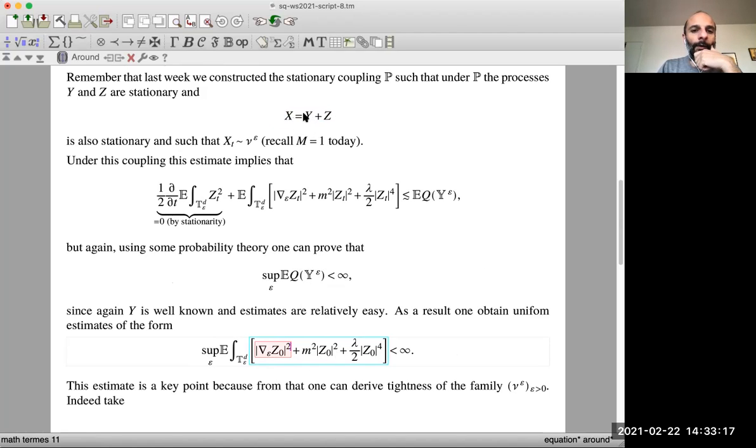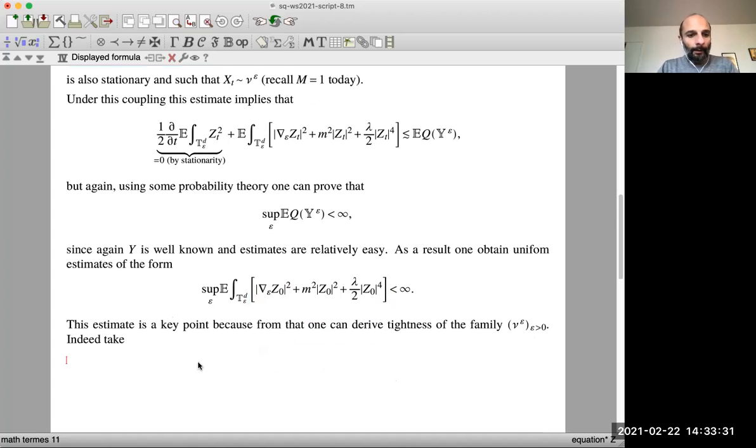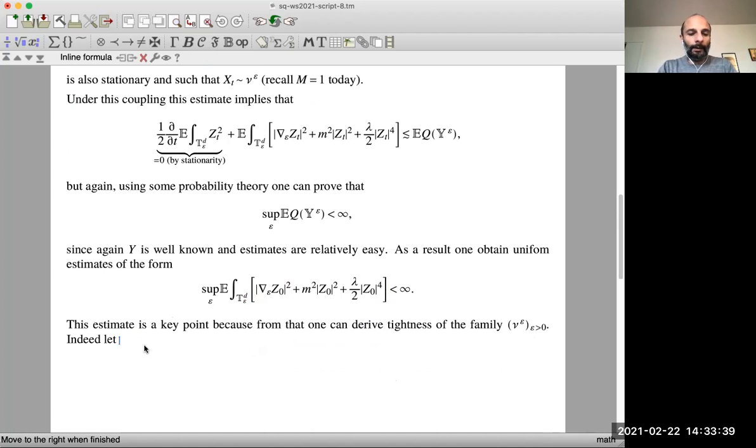But y is not regular, okay? In the limit, you only converge in negative space, okay? So you have something which is negative and something which is okay, and you need to control x. Of course, you could control the pair. So indeed, consider the measure, okay? Let's call gamma the law of y0 and z0.